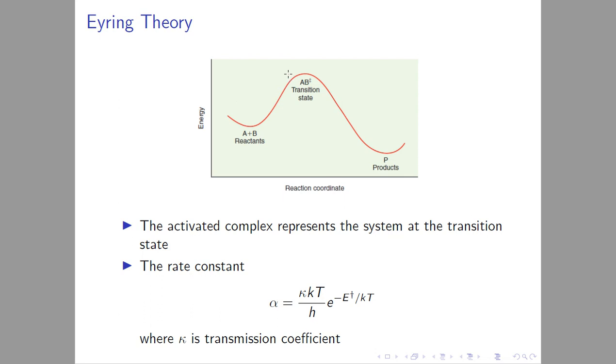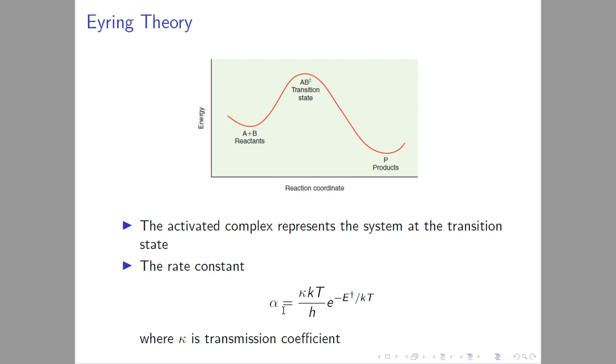If this energy is greater than the activation energy, it can move from the A plus B side to the product side. So the rate constant for this reaction is alpha equal to kappa kT over h, exponential minus E dagger over kT, where kappa is the transmission coefficient.